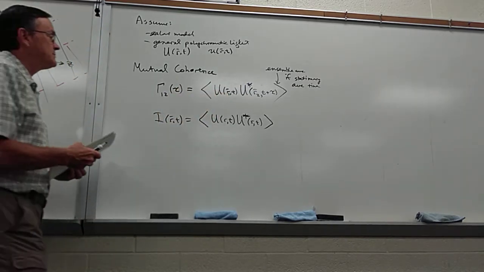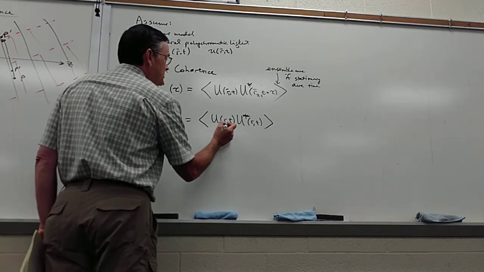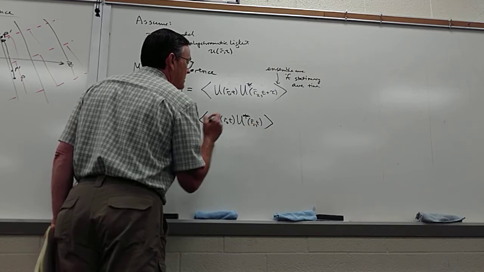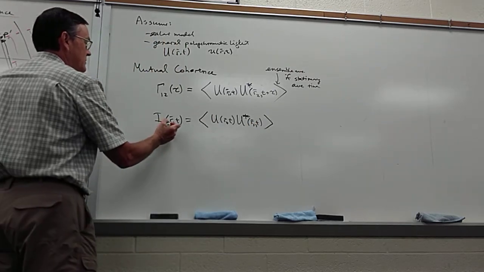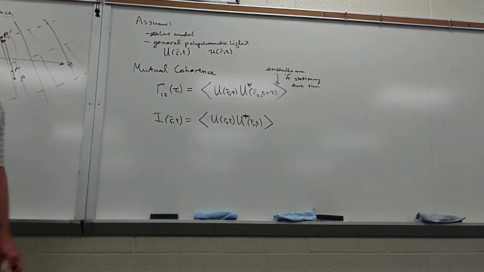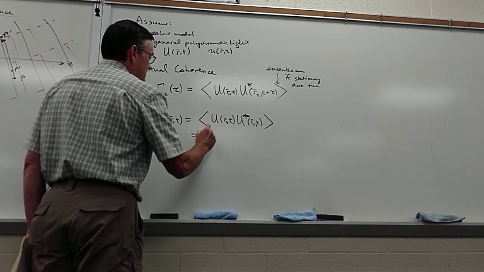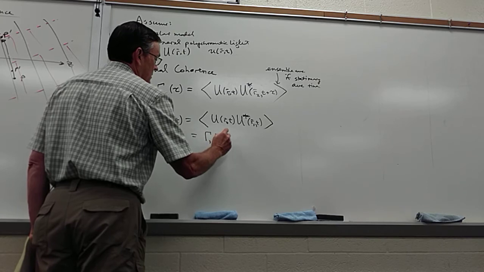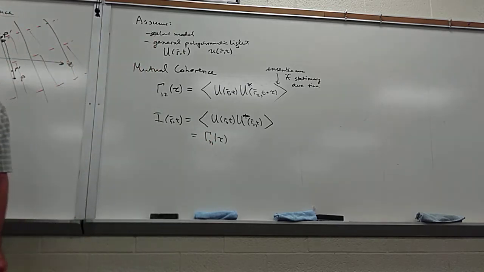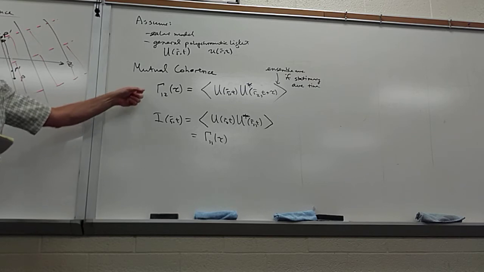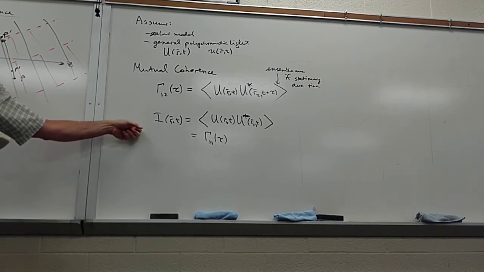We compare this to that, and we say, that looks really similar. In fact, if we subscript the R with a 1, so we're just talking about a particular position R1, which could be any position, notice this is just gamma 1, 1 of tau, at tau equals 0. So in some sense, this mutual coherence function is a generalization of irradiance.